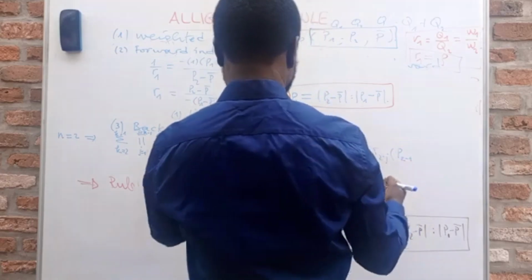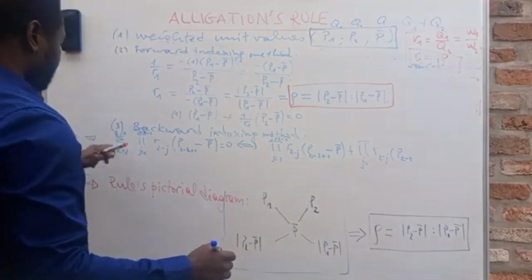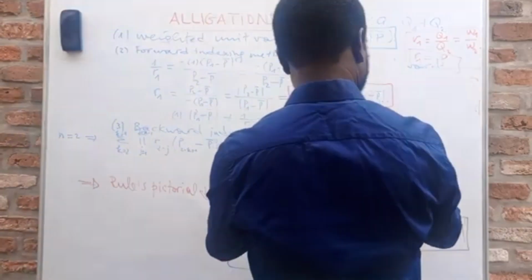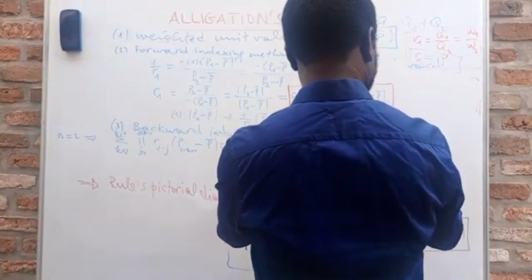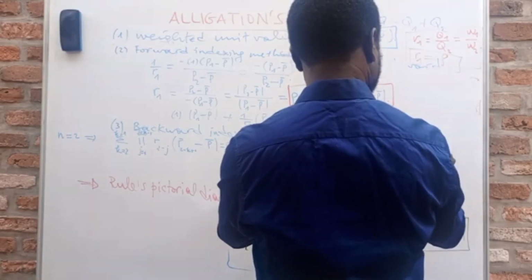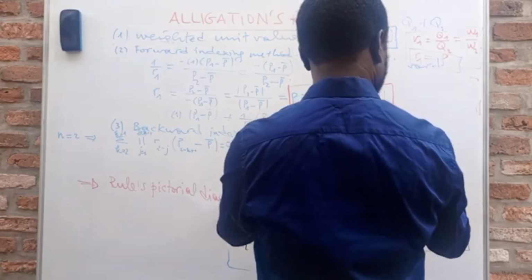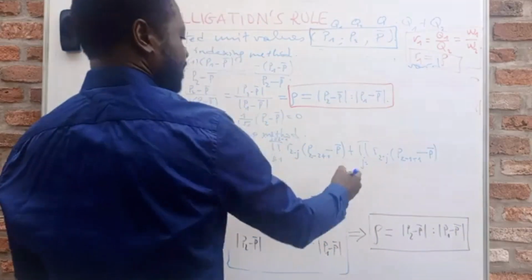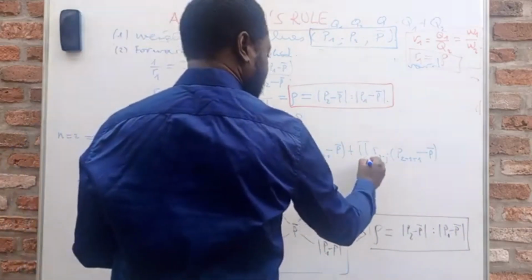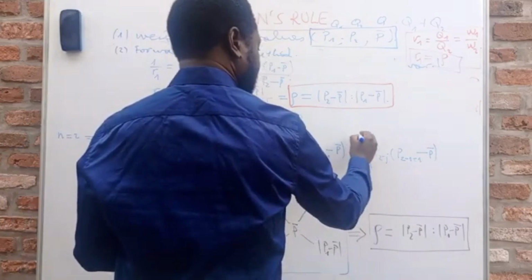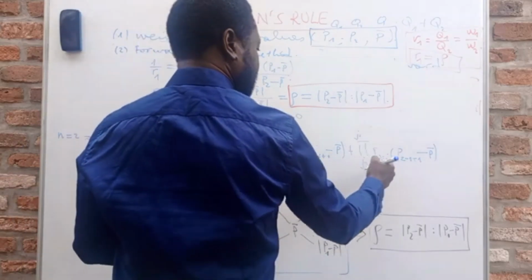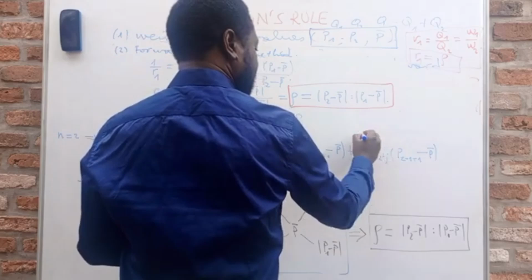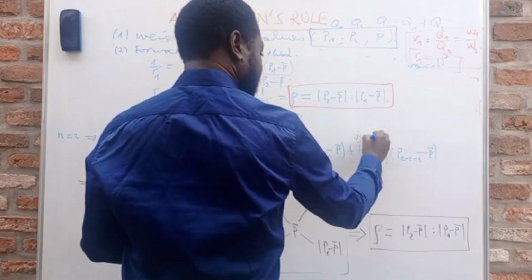After that, after 2, then next is 1 plus 1. Okay, minus p sub p bar. Okay, now extending from 1 until j equal to k minus k is 1 minus 1.